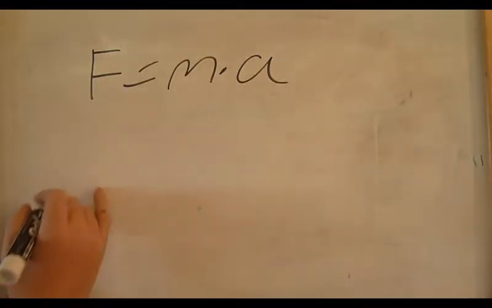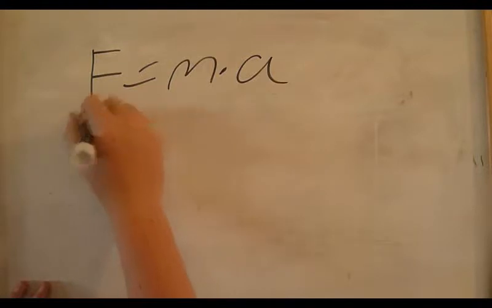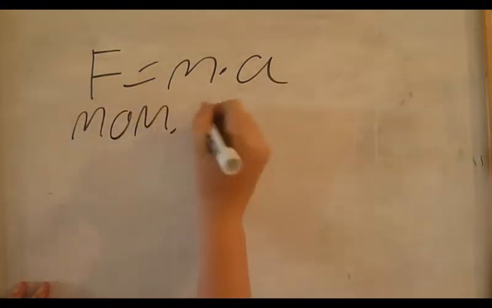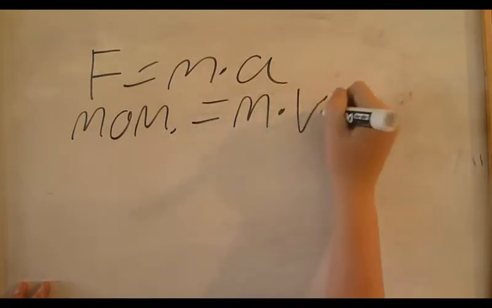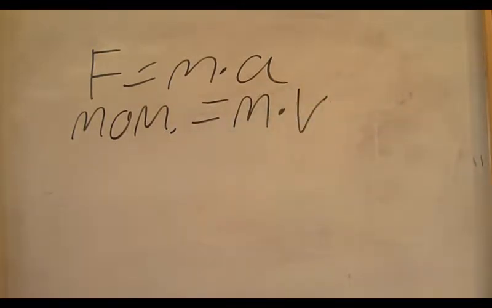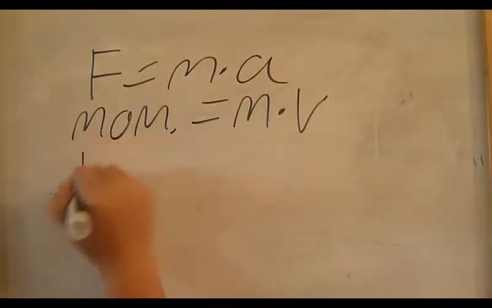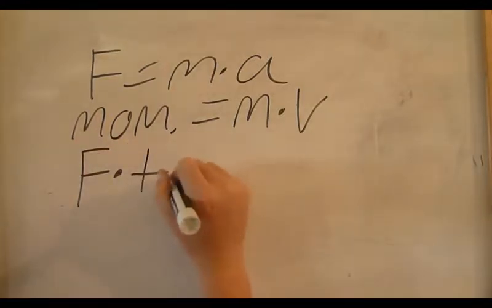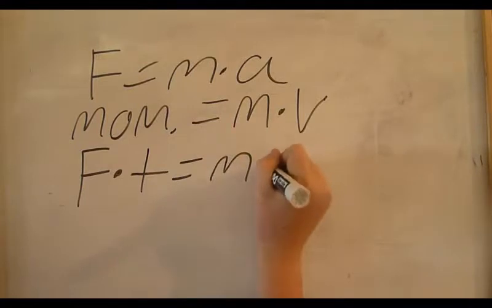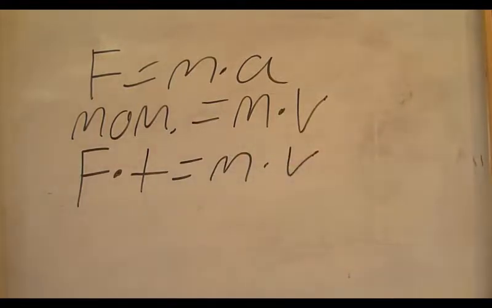And then we also need to know the equation for momentum. So momentum is equal to mass times velocity. Then the final equation we'll be using today is force times time is equal to mass times velocity. So that is the equation for impulse.